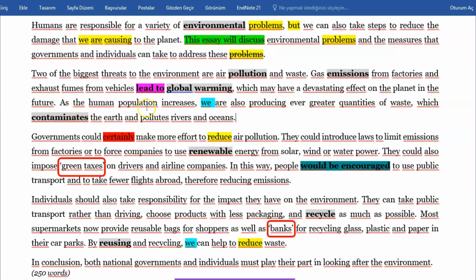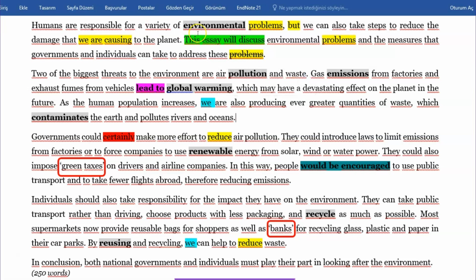As the human population increases, we are also producing ever greater quantities of waste, a huge amount of waste, which pollutes the earth and pollutes rivers and oceans. Again, usage of avoiding personalism and using in a correct way the impersonal style.